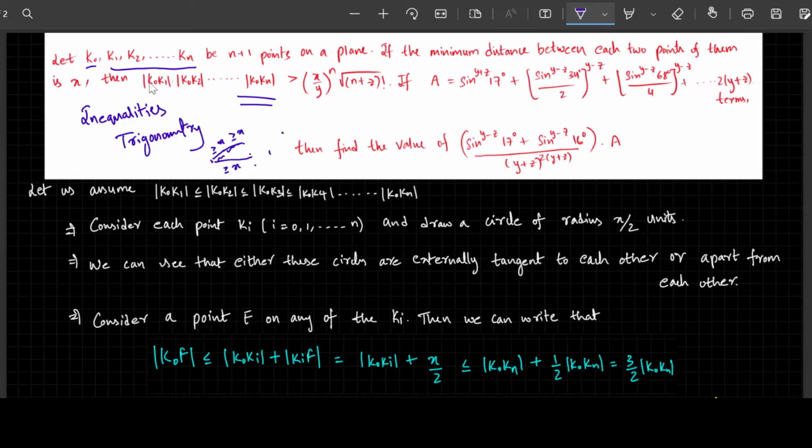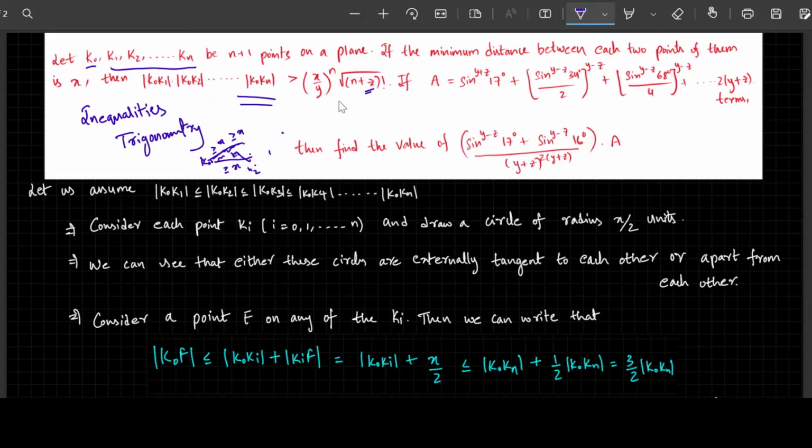So yeah, then the modulus of k0k1, modulus of k0k2, that means the distance. Fine. So if I choose this to be k0, this to be k1, this to be k2 and so on, the product of the distances should be greater than (x/y) whole power n into root over (n plus z) factorial. Fine.